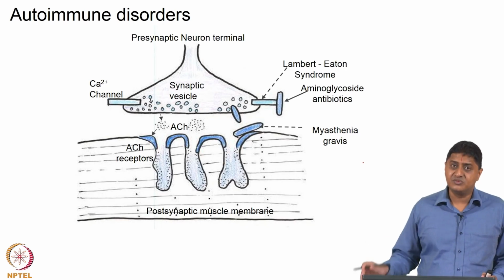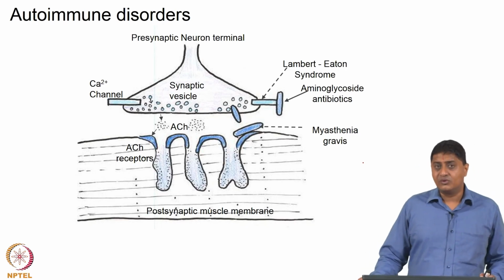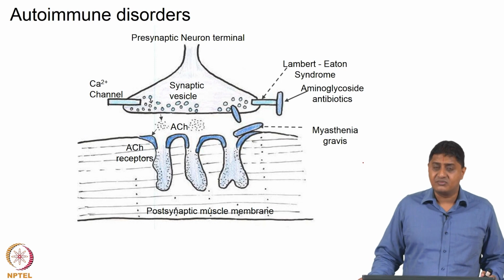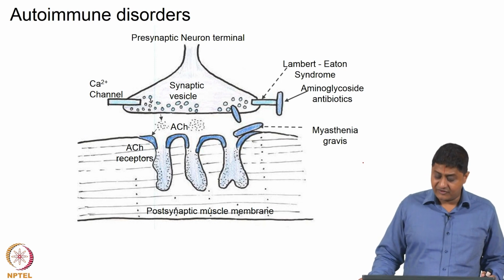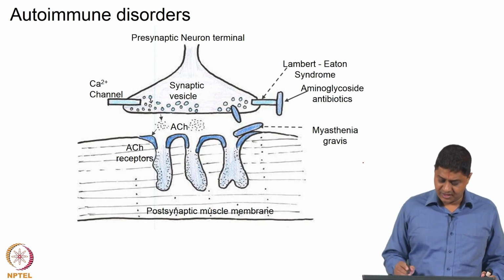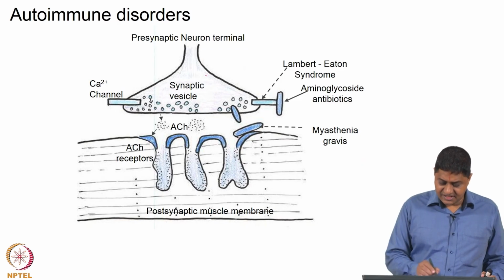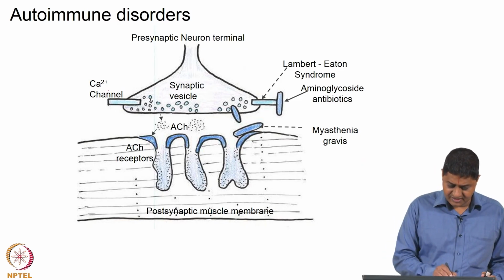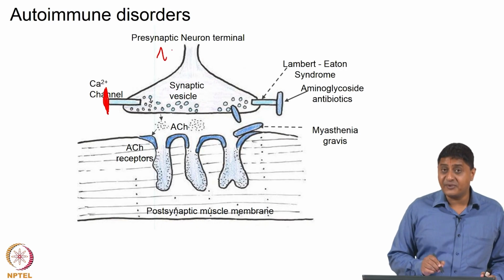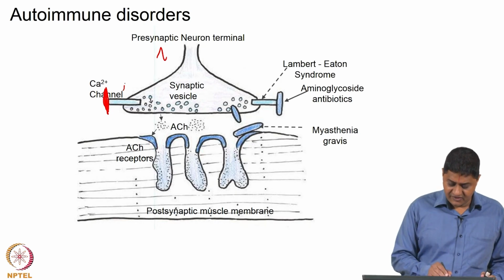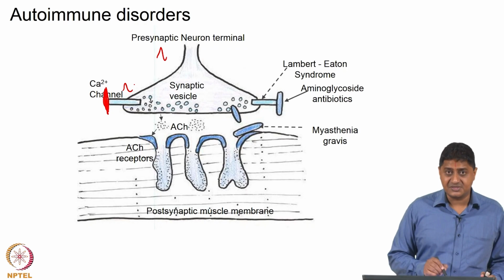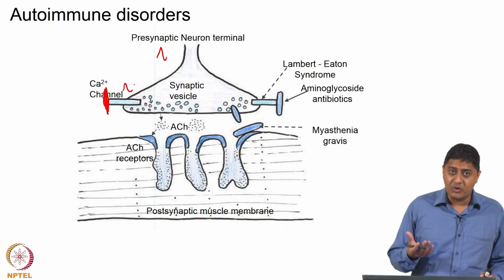Then the immune system attacks the voltage-gated calcium channels, destroying them and preventing their function. So when this calcium channel is blocked or its function is reduced, an action potential will happen in the presynaptic neuron and reach the voltage-gated calcium channel, but since it is not functioning, it will not open.